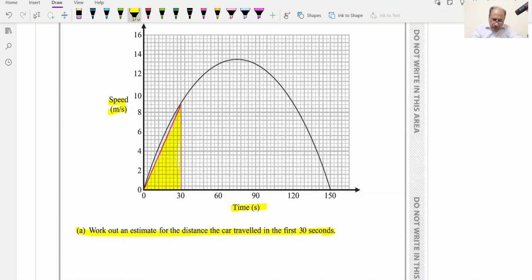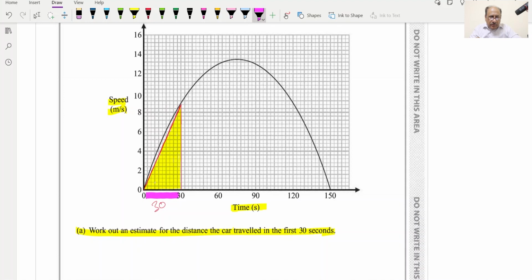So this will be half into base into height. Base is this much. Base is 30, and height is this much. Height is up to 9, we can say.